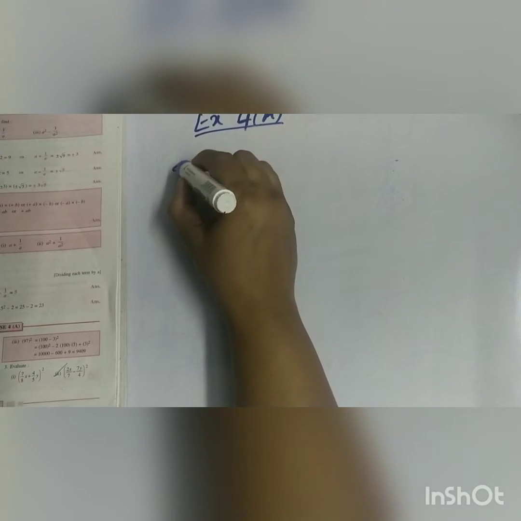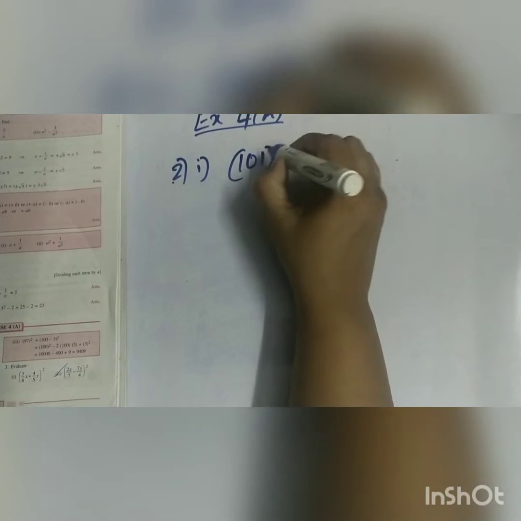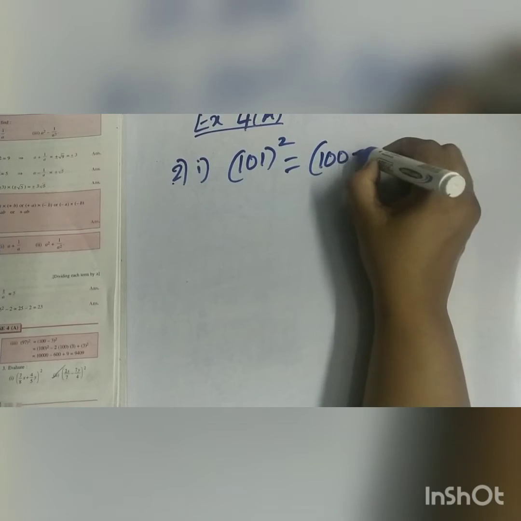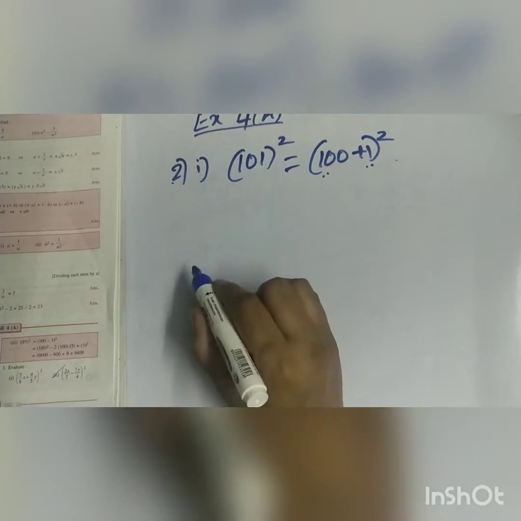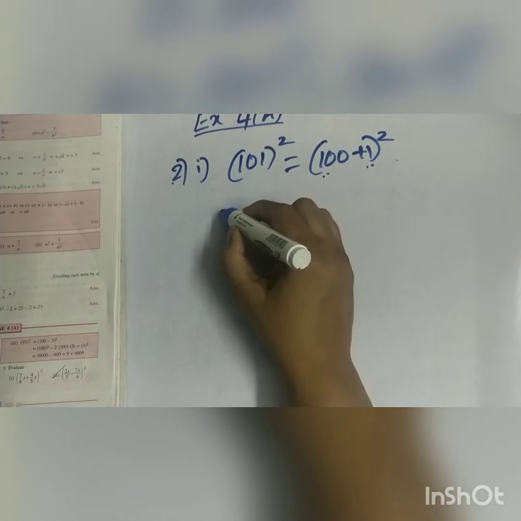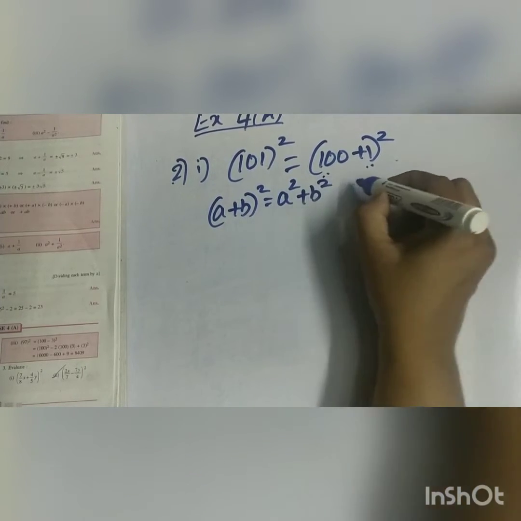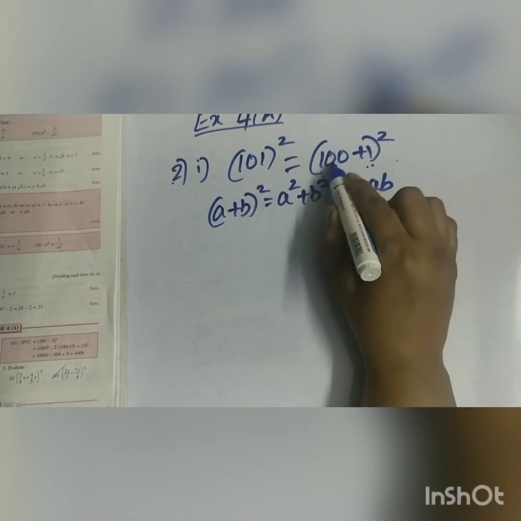This is the final answer. In the second question, they are asking us to use the identities to evaluate. So let's do this. The first question says 101 square. So 101 can be written as 100 plus 1, isn't it? So now we have this as a plus b whole square formula, right? So we are using this identity, that is (a plus b) whole square is equal to a square plus b square plus 2ab. So now we have 101 square as (100 plus 1) square.